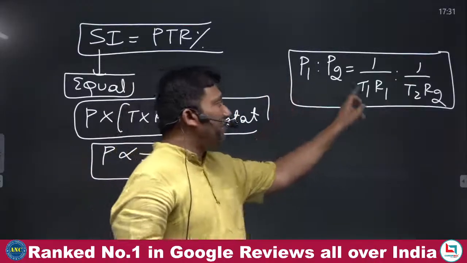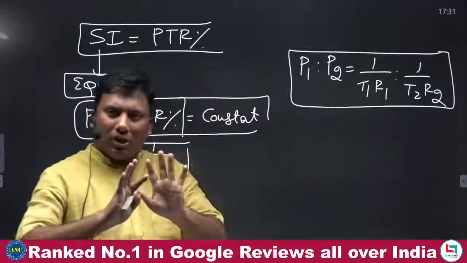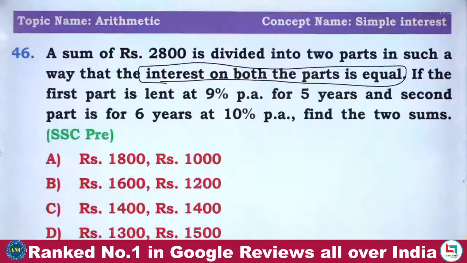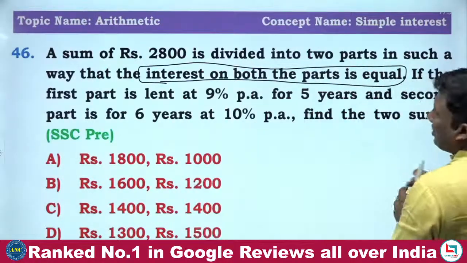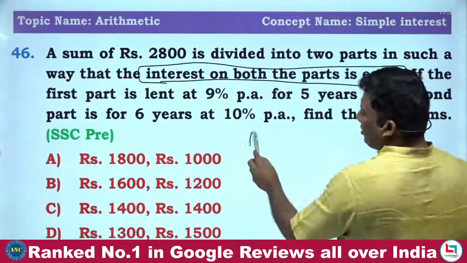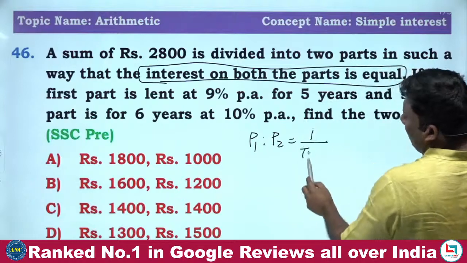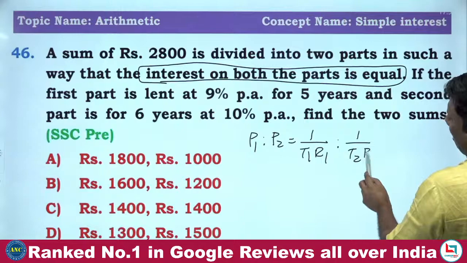That means P1 will become 1 by T1 R1, P2 will become 1 by T2 R2. If you use this concept, you will get this question very, very easily. What is the concept that we discussed? First thing, interest on both the parts is equal. That means P1 is to P2 is equivalent to 1 by T1 R1 is to 1 by T2 R2.